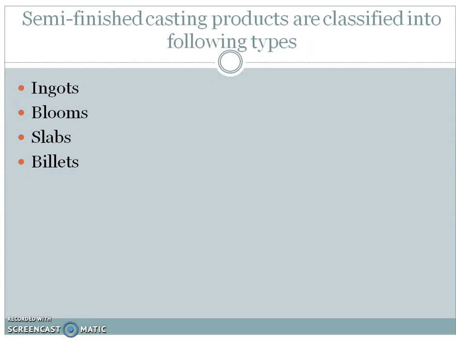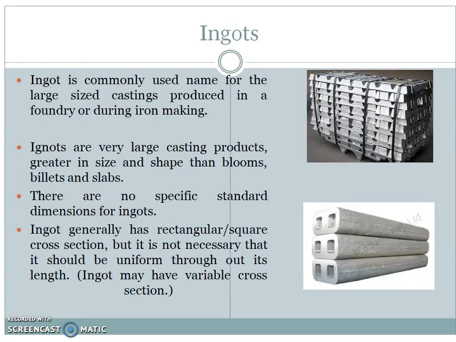We shall study what an ingot is, its size and its shape. There is no fixed size for ingots, but they are large. There is no specific standard dimension, but the shape and size are bigger than the other parts. It is the largest part.